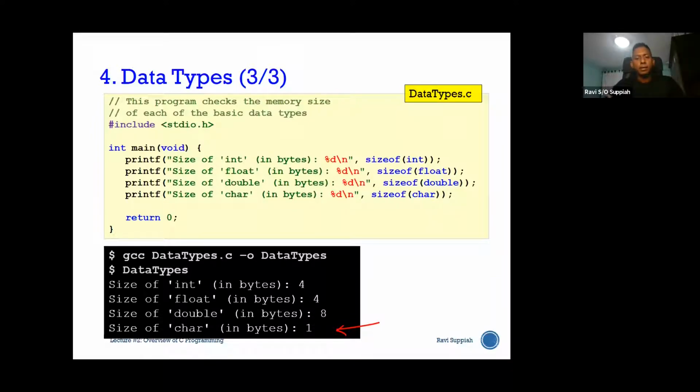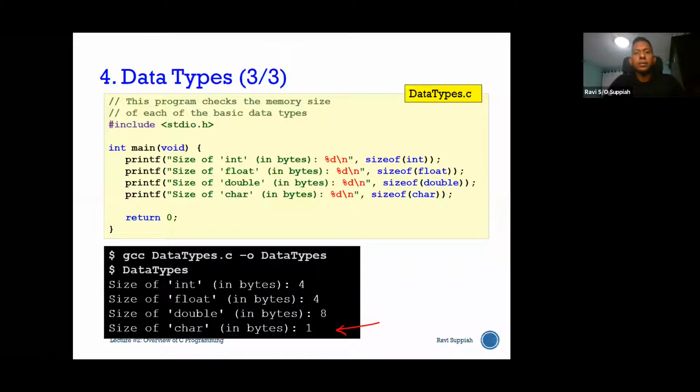But other data types could differ depending on the actual computing platform, the processor architecture, or sometimes even the compiler settings. There could be other factors that change the way some of this may be interpreted, but character is always 1 byte.